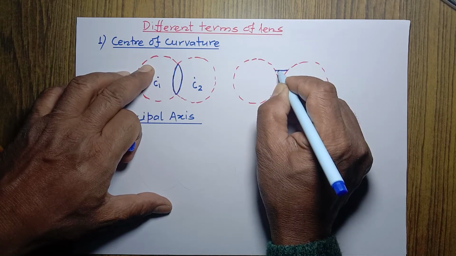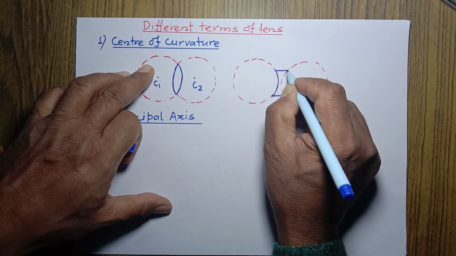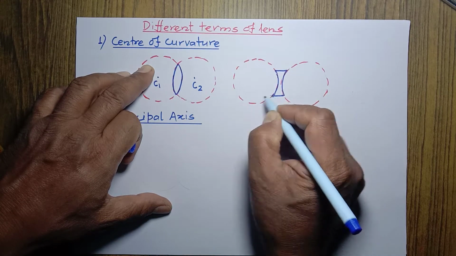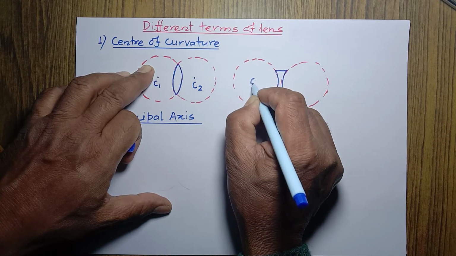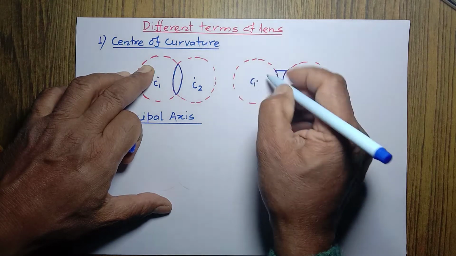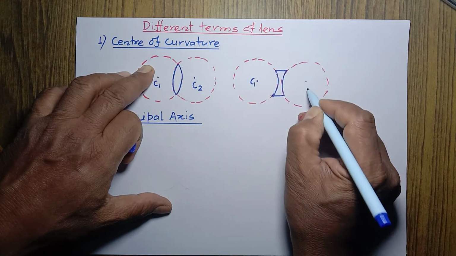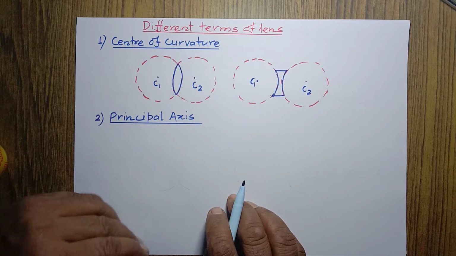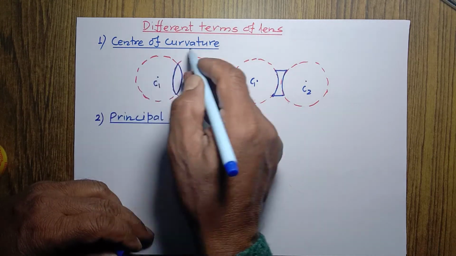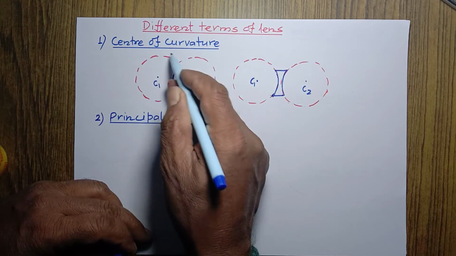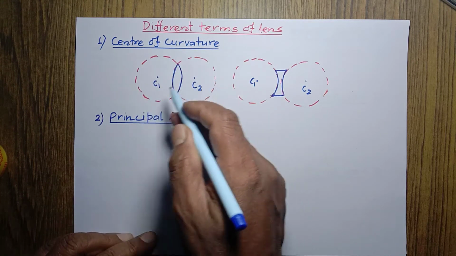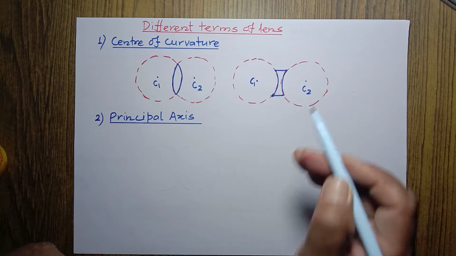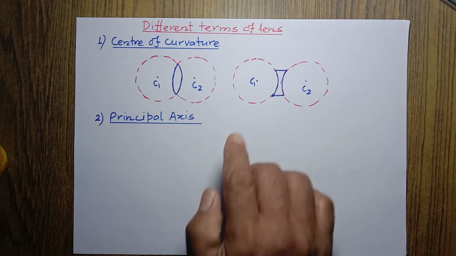C1 is the center of this glass sphere, and C2 is the center of this glass sphere. Now these are actually centers of curvature. In this case also, C1 and C2 are the centers of curvature.